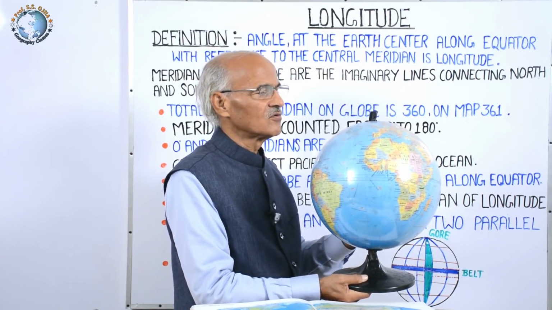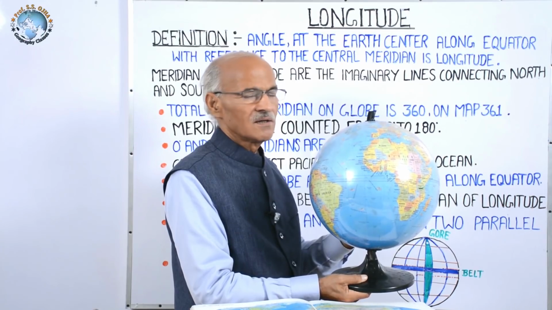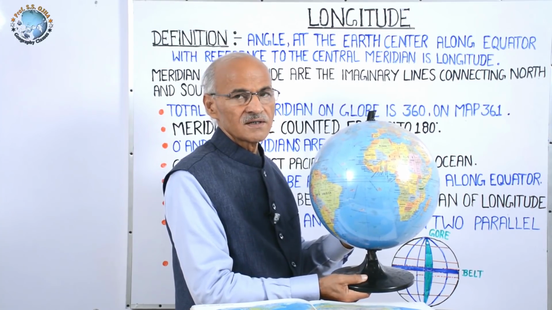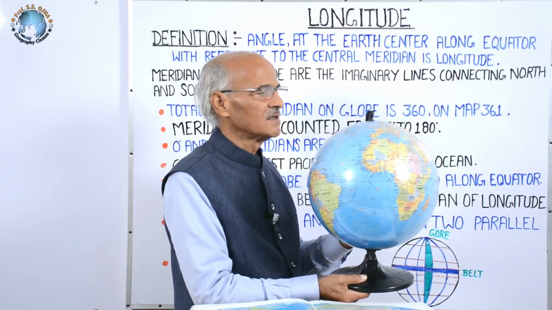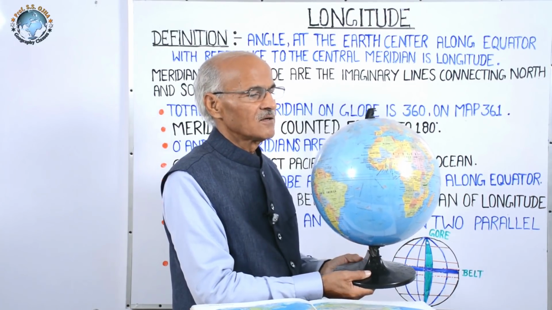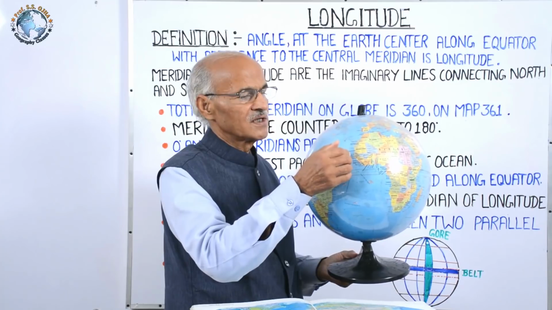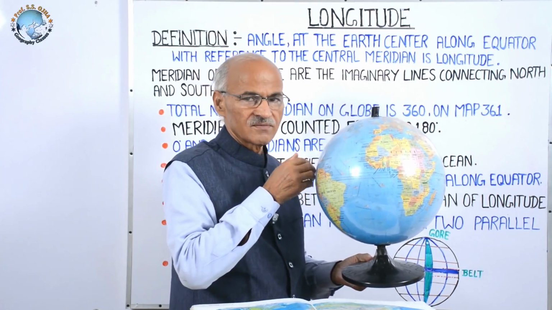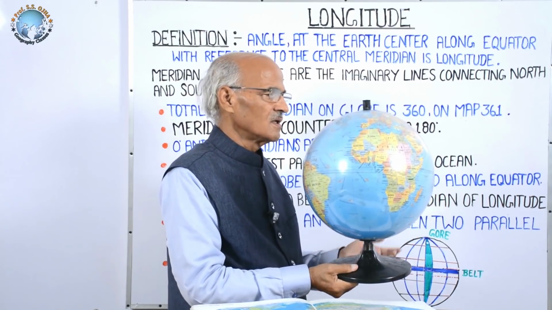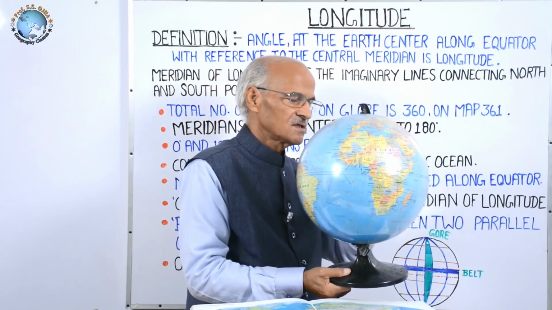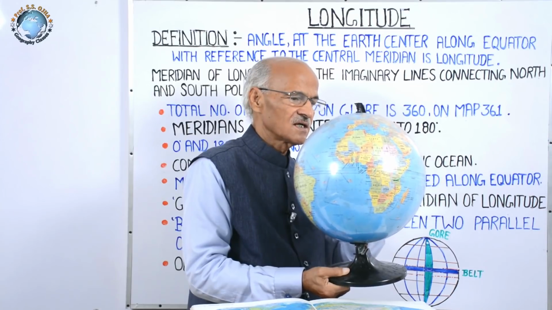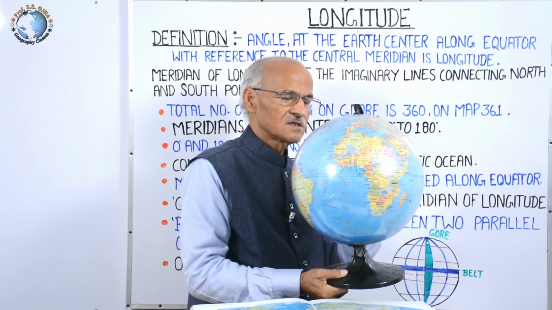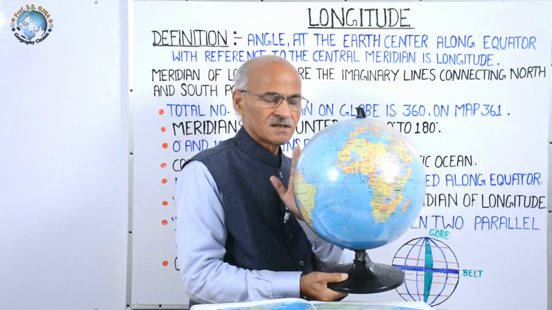This is a very noteworthy thing and relevant for the study of the international dateline. Now let us see that to the east of this 0 meridian is the east hemisphere, and to the west it is the west hemisphere.